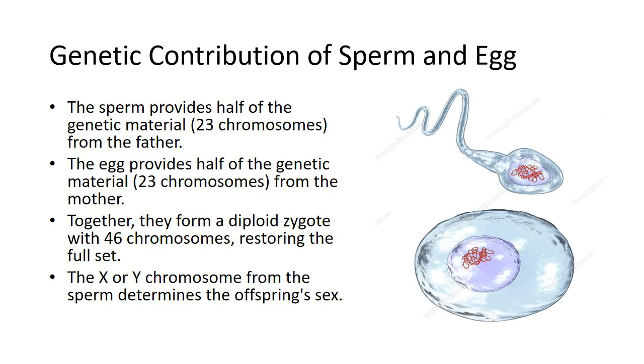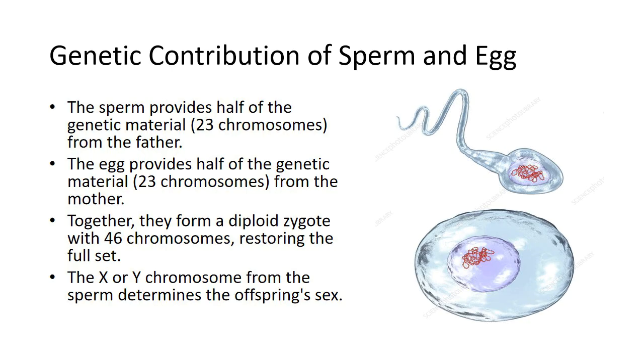Egg contribution. The egg, like the sperm, is haploid, carrying 23 chromosomes, one set of chromosomes from the mother. The egg provides the mitochondria needed for the development of the embryo.